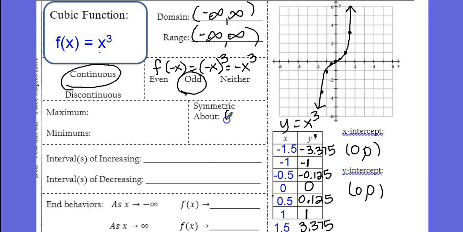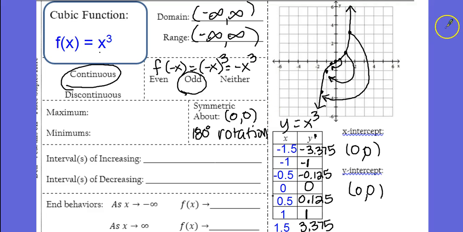So it's symmetric about 0, 0 with 180-degree rotation. And you can see it again in the table of values, right? Negative 1.5 was negative 3.375. Positive 1.5 was positive 3.375, right? This just rotated to there 180 degrees. This rotated to there. This one rotated to there. They all rotated 180 degrees. I'm not going to flip it around.